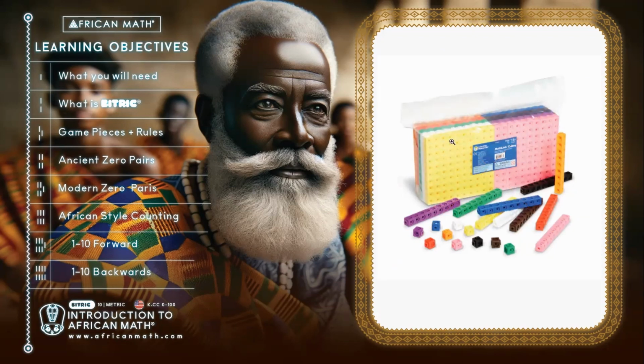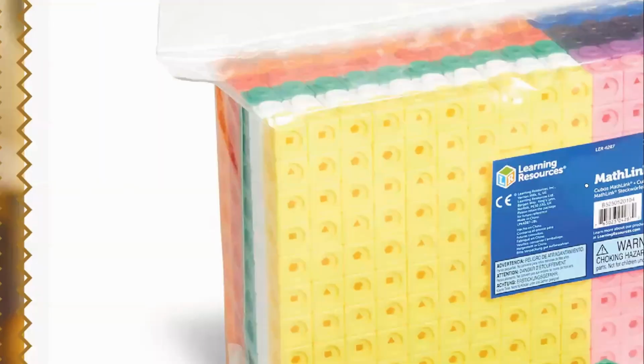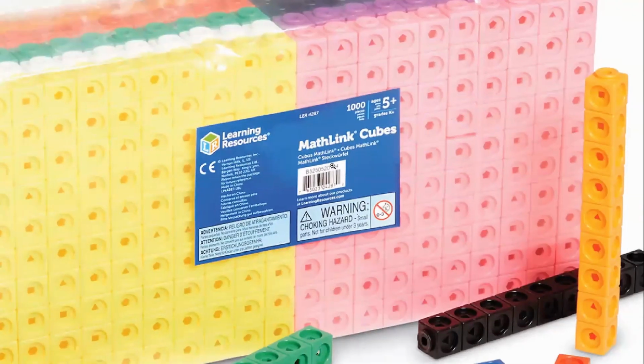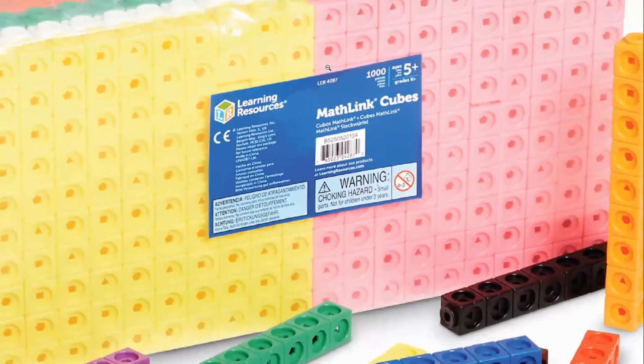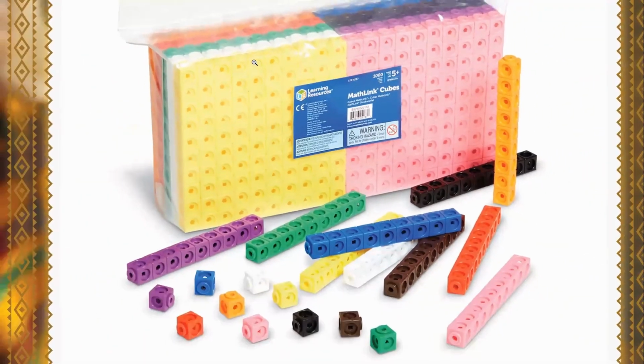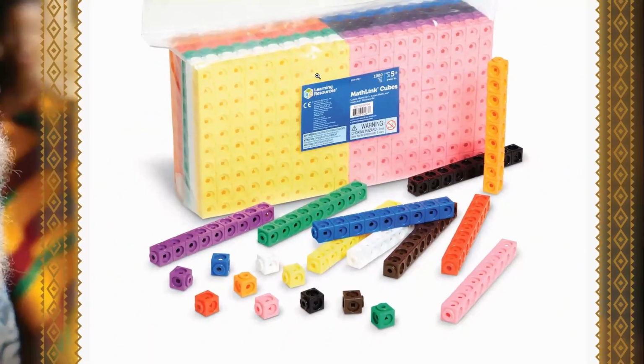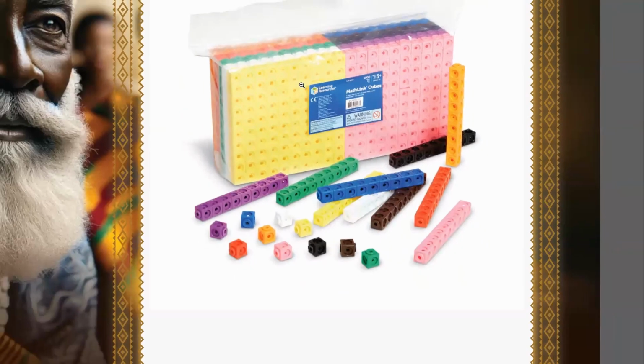Here, I'm a real big fan of this brand called MathLink Cubes. And I really advise that you get the 1,000 piece set. The reason it's important to get the 1,000 piece set is because you're going to need multiple groups of tens, and you're going to need them to actually get all the way up to 100.